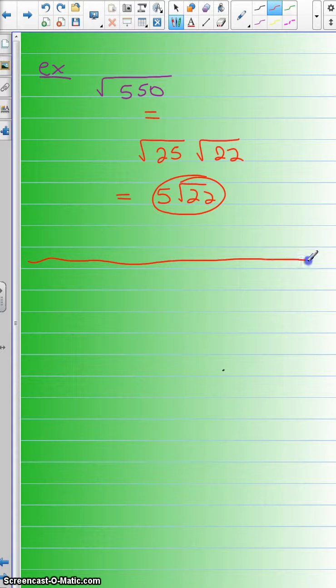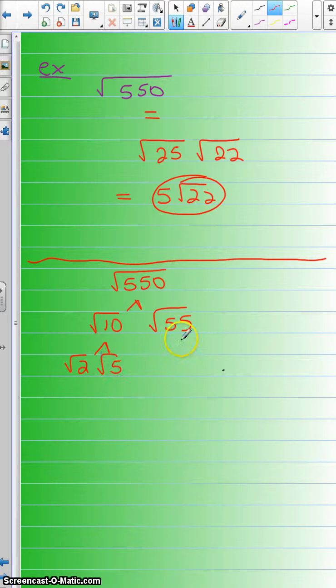Okay, let's do the prime factoring method. Square root of 550. The first number I'm going to put in there, let's see, I'm going to go with 10. Square root of 10 and the square root of 55. The square root of 10 is made from the square root of 2 and the square root of 5. And the square root of 55 is square root of 5 and square root of 11.